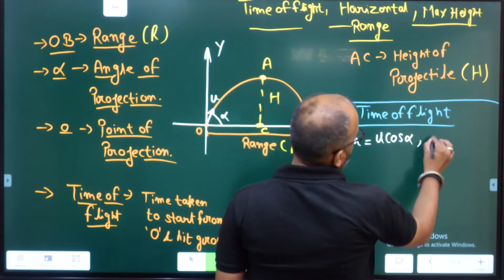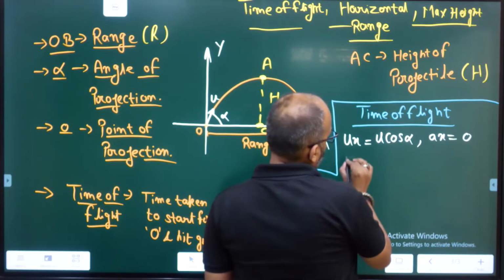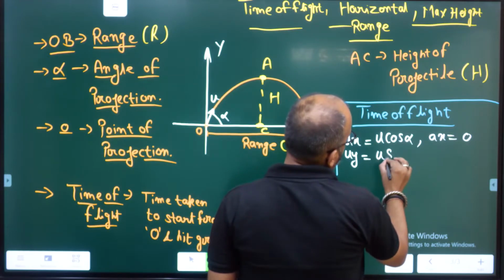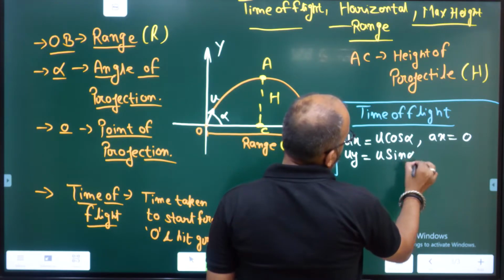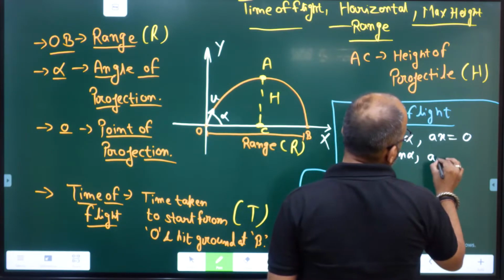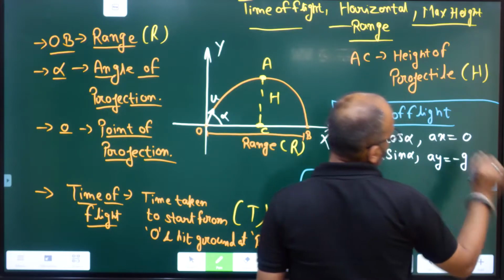What will be the acceleration along x-axis? It will be 0. Along y-axis, my velocity will be u sin alpha. What will be the acceleration along y-axis? It will be minus g.